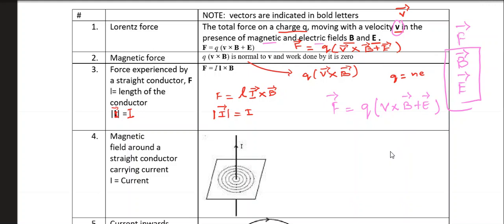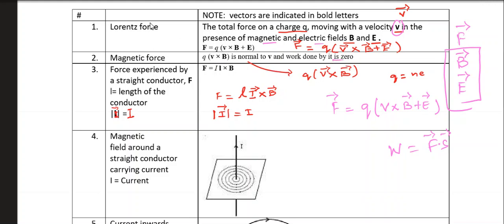We already know what we mean by work done. Work done is equal to force into some displacement, is it not? If it is represented by vectors, being a scalar product, F dot S. So we can further expand it. When the force is acting normally, no work is done, and that is why for the magnetic force Q of V cross B, which is normal to V, the work done is 0.